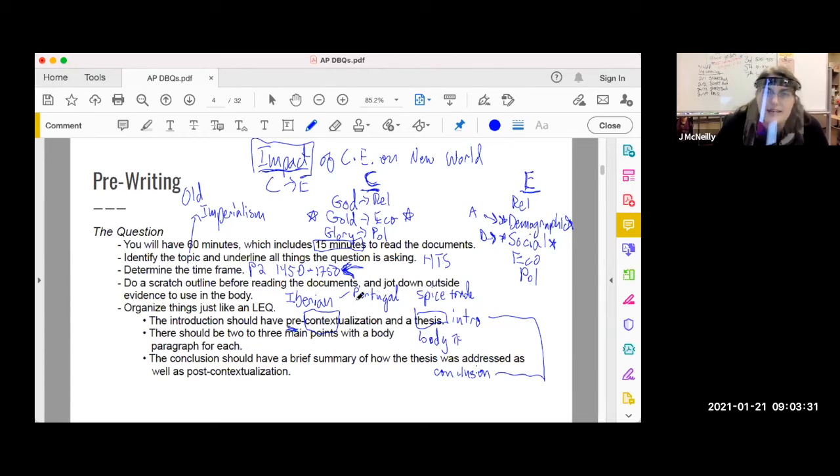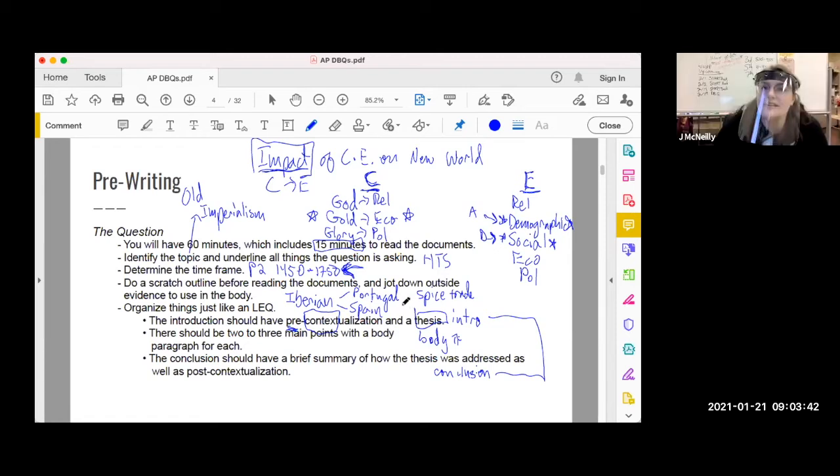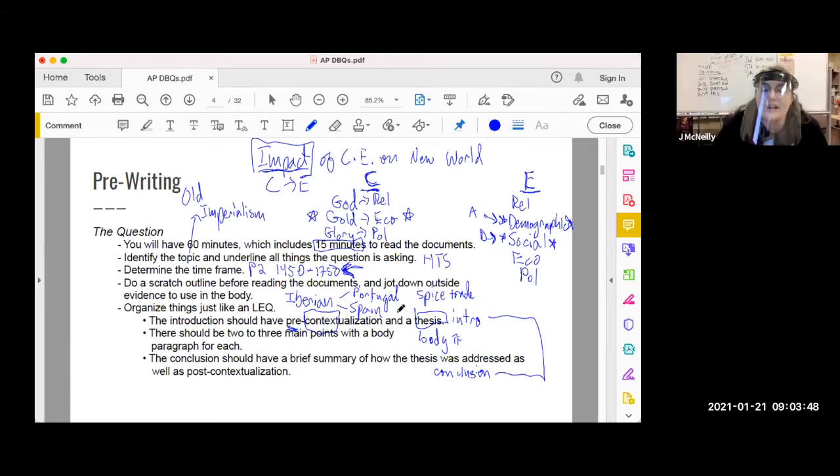What did Spain do? How did they try to get to India? Sailing west? They went west, and who did they send? Christopher Columbus. Christopher Columbus in 1492. So that would be context that's happening during period 2.